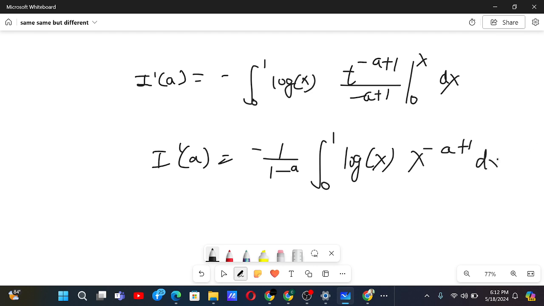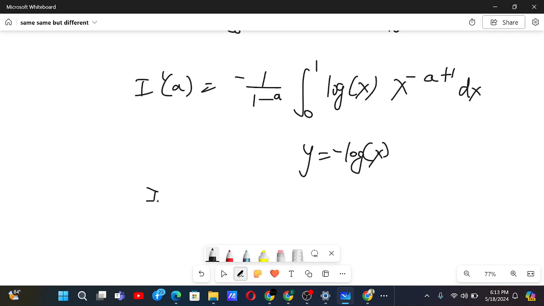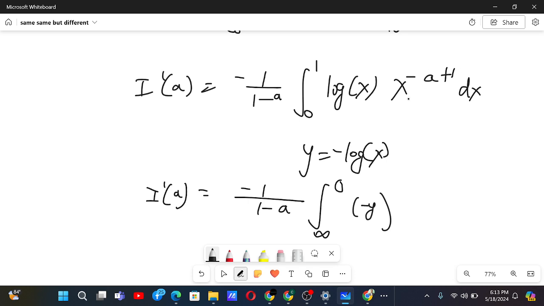Yeah, dx. Good. Now we let y equal minus log x, because only then it will go from infinity to 0. Y equals minus log x. Then I'(a) equals minus 1 by 1 minus a, and this is from infinity to 0, and then the log is just minus y, and x to the power minus a plus 1 is e to the power minus y times minus a plus 1, and dx is e to the power minus y times minus dy.